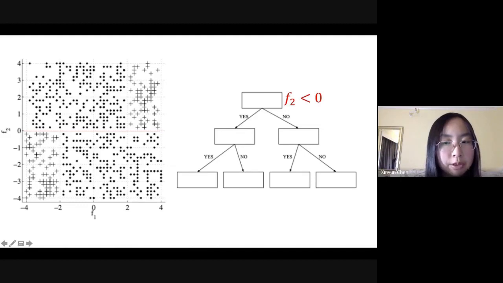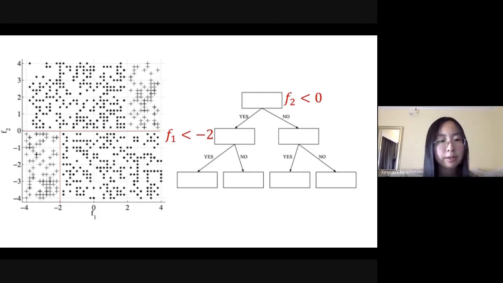When F2 is smaller than 0, the points of plus and dots could be nicely separable by F1. Here, if we draw a decision boundary of F1 equals -2, then when the points are to the left of this decision boundary, they are plus, otherwise they are dot.